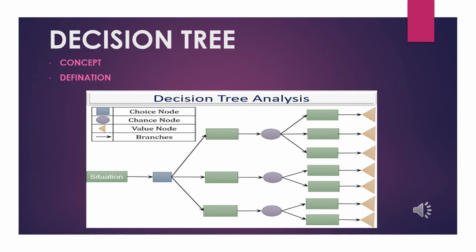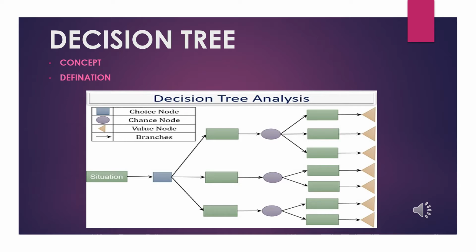What do we mean by decision tree? In simple words, decision tree is a very powerful decision making tool which can initiate a structured approach for problem solving. That means we can have an easy chalked out diagram so that whoever is trying to gauge the problem easily understands it.